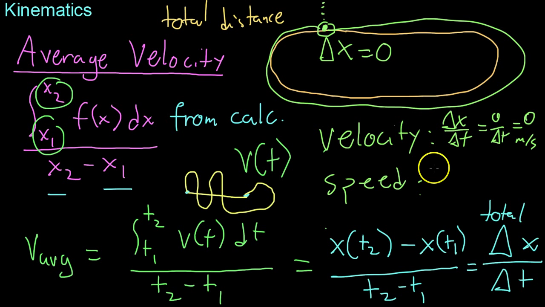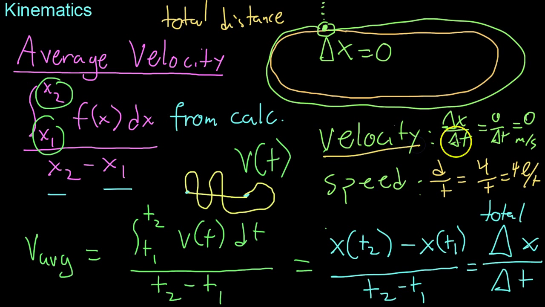So in this case, your distance over time would be 4 laps per however much time you took, just as a general statement. So just to clarify the difference, velocity uses the total displacement, whereas speed uses the total distance.